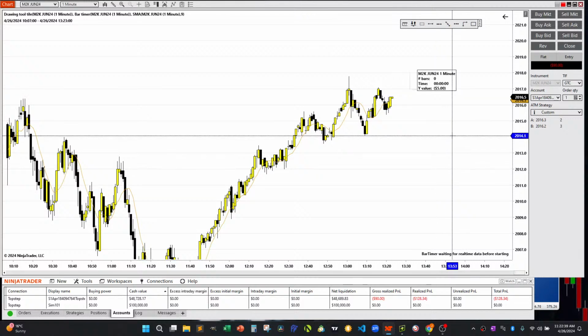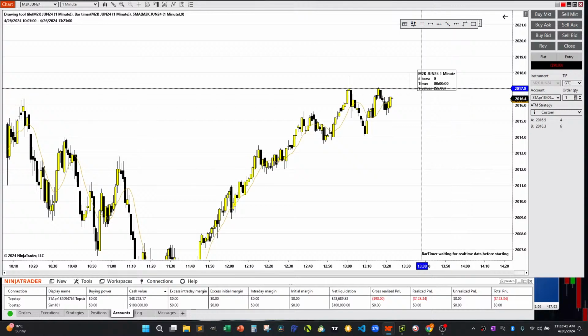$5 per point. This one has 10 ticks per point though.